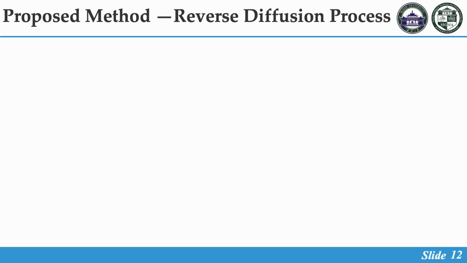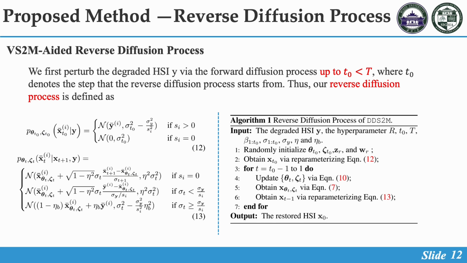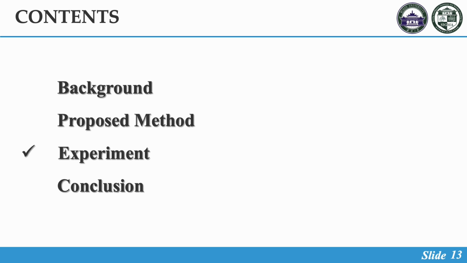As for the VS2M-aided reverse diffusion process, we first perturb the degraded HSI Y with the forward diffusion process up to T0, where T0 denotes the step that the reverse diffusion process starts from. In this way, our reverse diffusion process can be easily obtained based on the reverse diffusion process of DDRM.